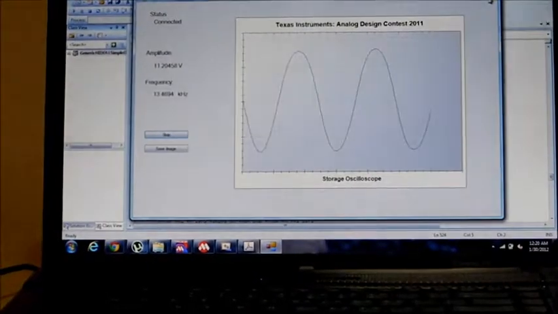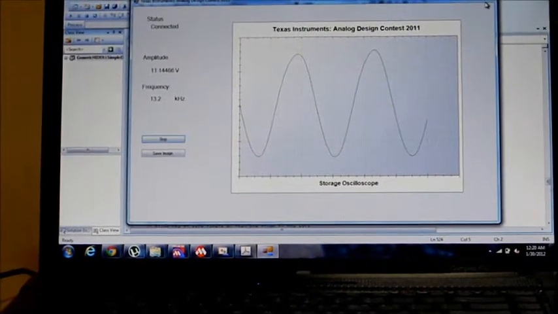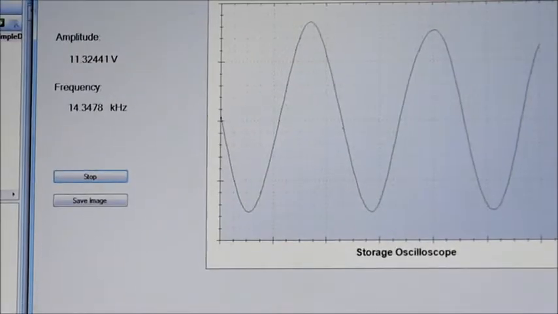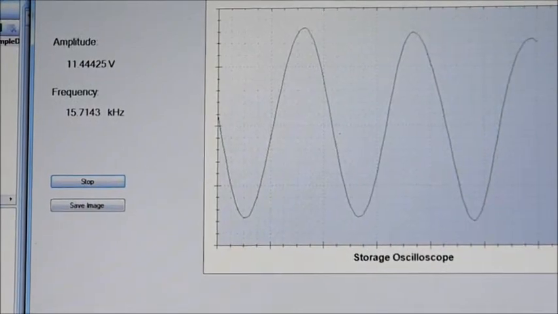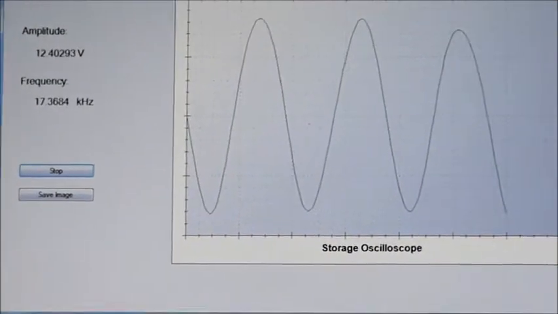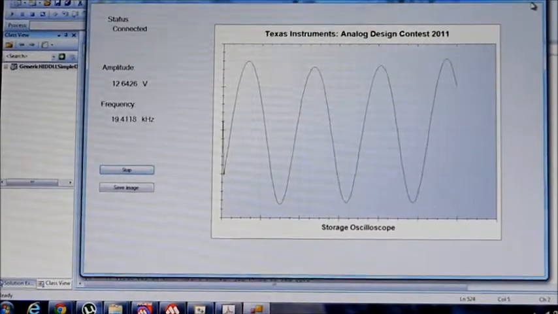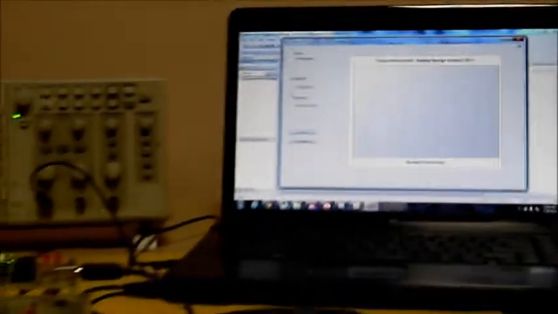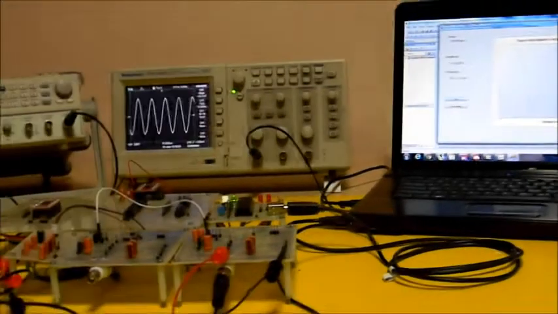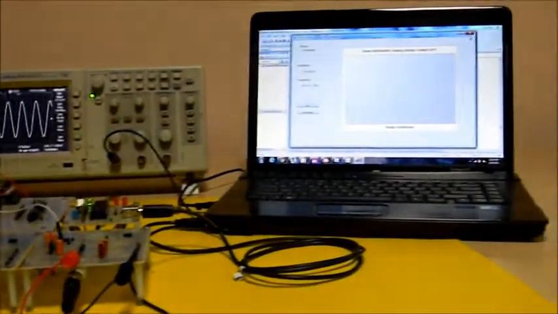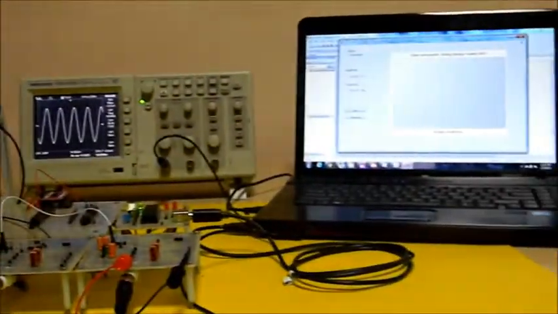Please bear in mind that the time axis is not being changed. Hence, as we increase the frequency, the signals appear to be compressing. Now, the waveform generator says that we are at 19 kHz and the circuit also confirms that we are at 19 kHz.